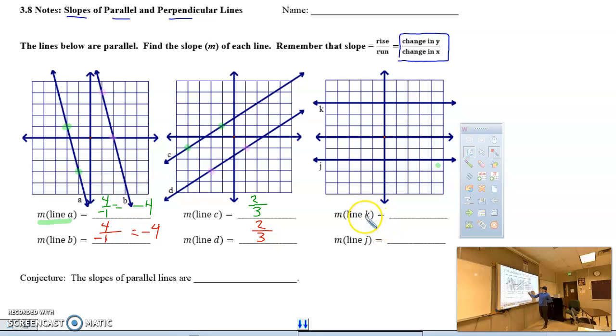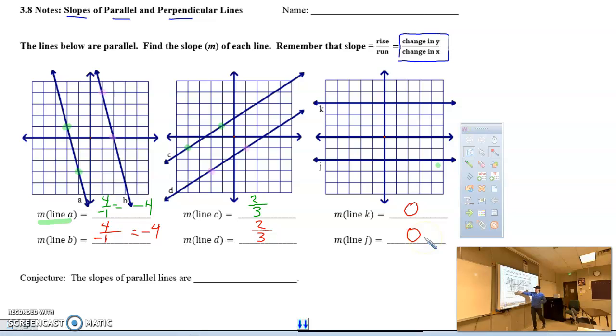Okay, this time, K and J. A little reminder about these slopes: you don't even really need to pick points because these are just horizontal lines. As we've talked about before, horizontal lines have a slope of 0. Line J is also a horizontal line with a slope of 0. Those slopes are equal to each other.